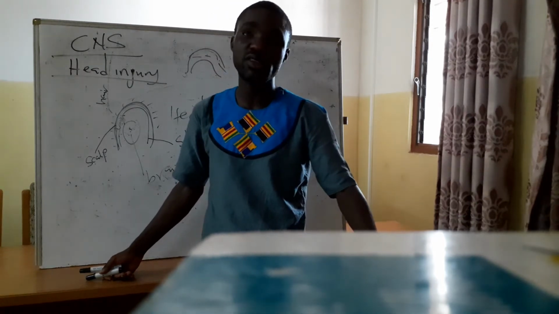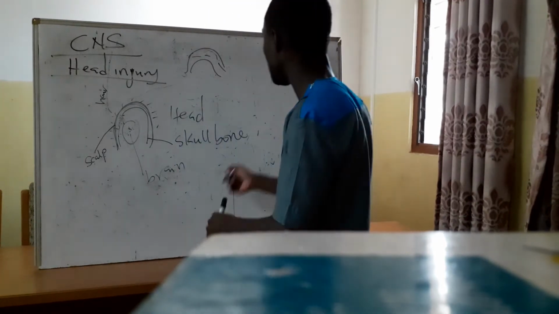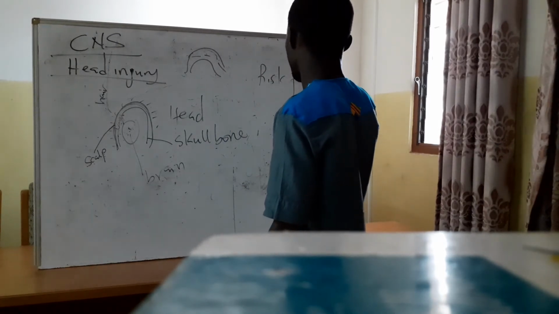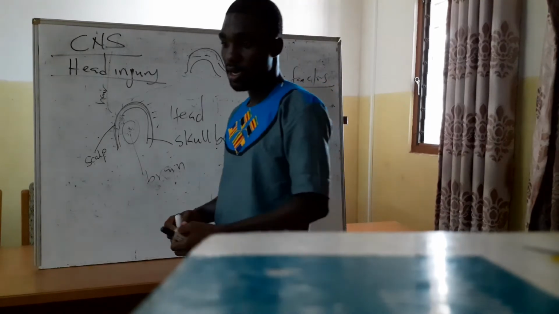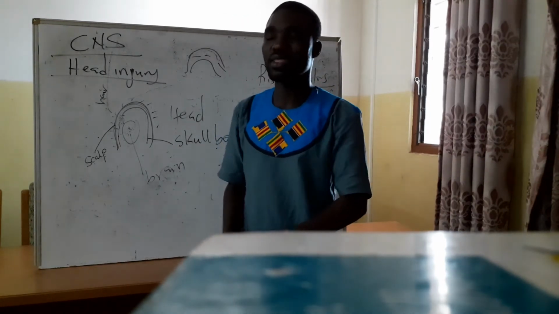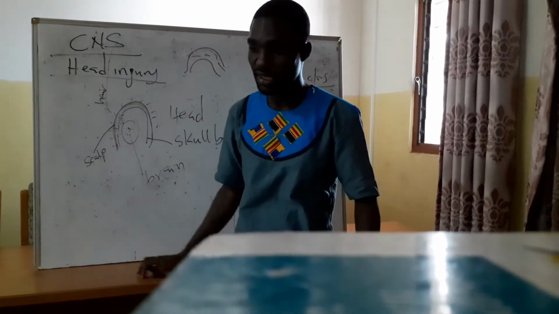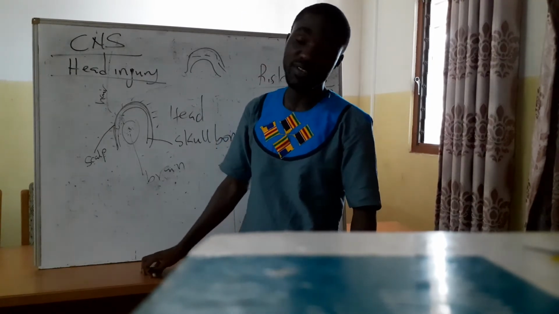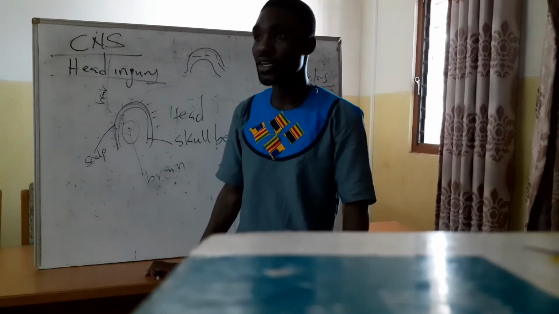Risk factors. Well, let's look at the risk factors for head injury. With head injury, the risk factors and the causes. So being a male under the age of 25 years is one of the risk factors.